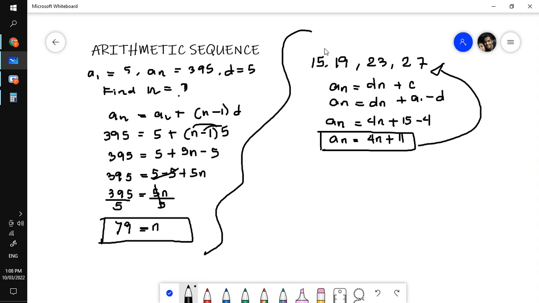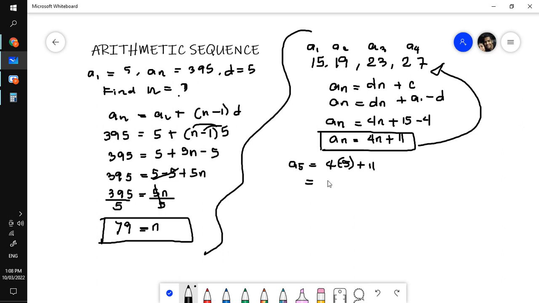Now let us identify the terms in our sequence. We have a sub 1, a sub 2, a sub 3, and a sub 4. Let's try to look for a sub 5 by using this formula. So a sub 5 is equal to 4 times 5, since our n is equal to 5, plus 11.